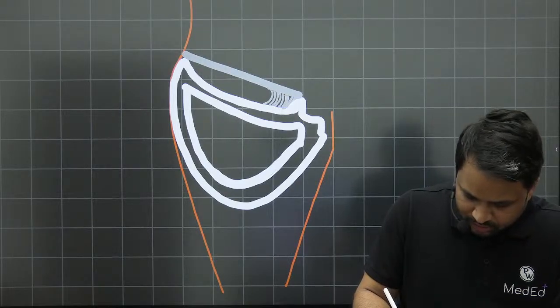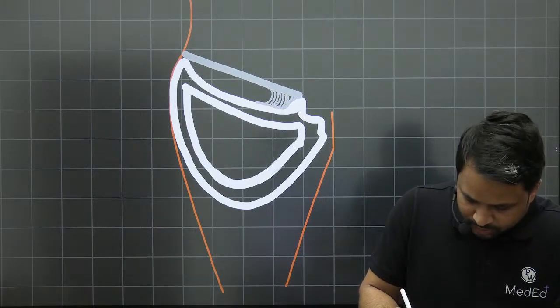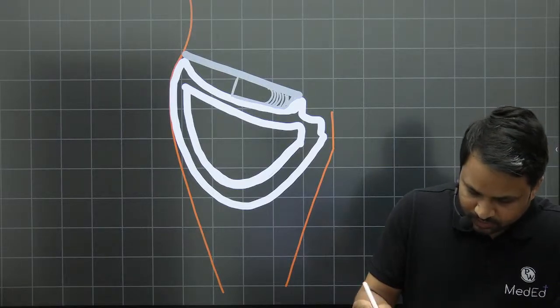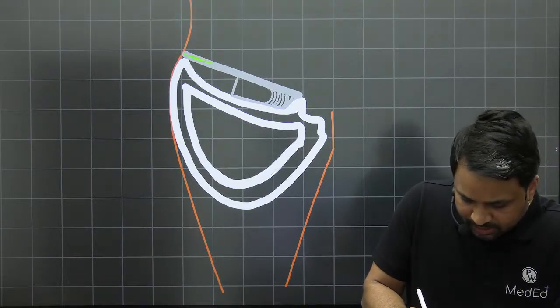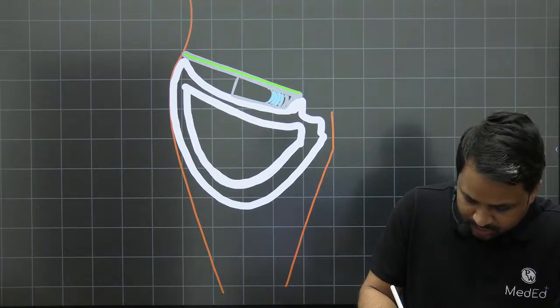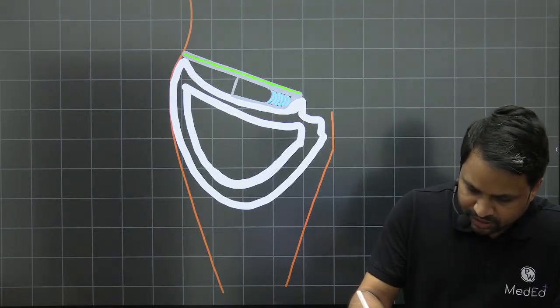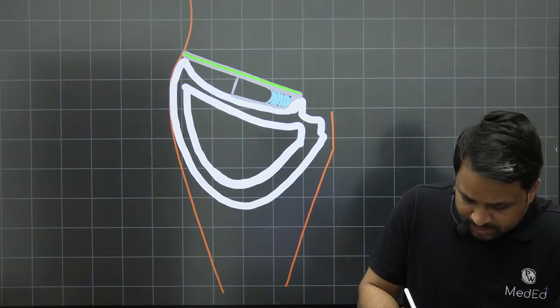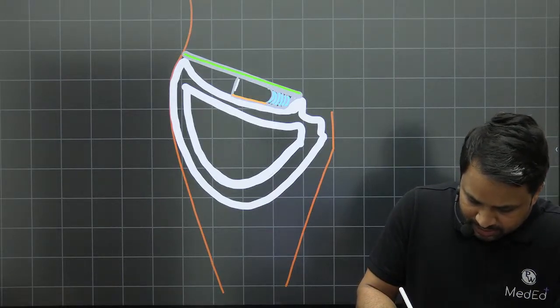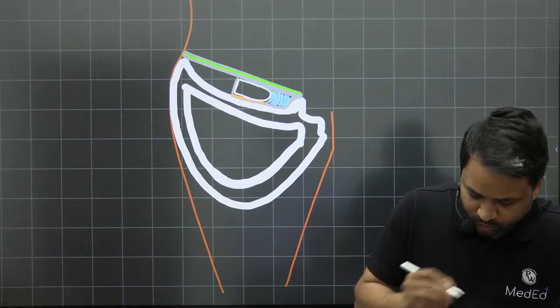This lacunar ligament will continue to form into Cooper's ligament, and then there is this thin septa that is present. As we have told you, the upper part is the inguinal ligament. This happens to be our lacunar ligament which is medial. Inferiorly it is formed by Cooper's ligament, and this whole thing that we have just created is basically our femoral ring, right? So this is the femoral ring.